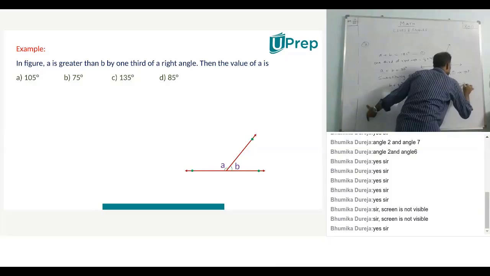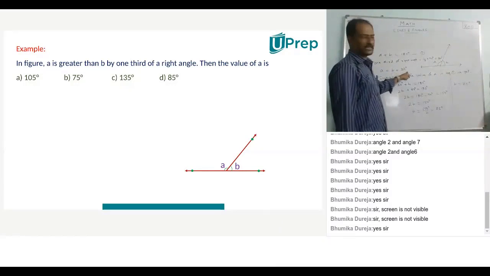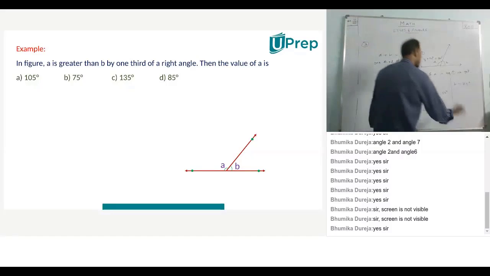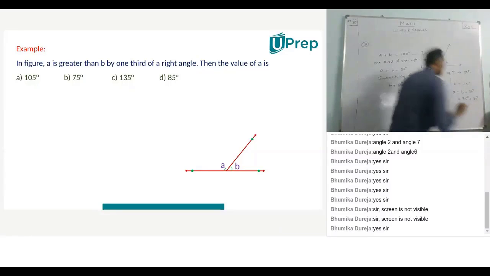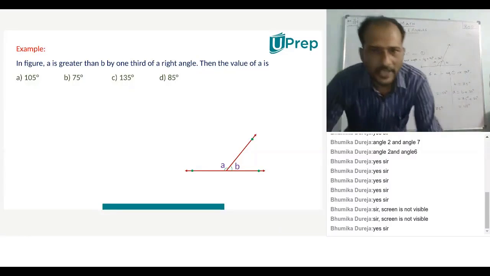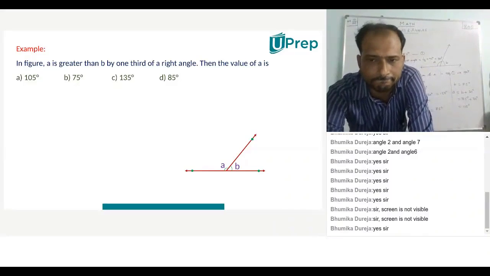So what is A? 75 plus 30, which is 105. A is equal to B plus 30 degrees, which is equal to 105 degrees. The option A is the correct answer. Hope you understood, guys.